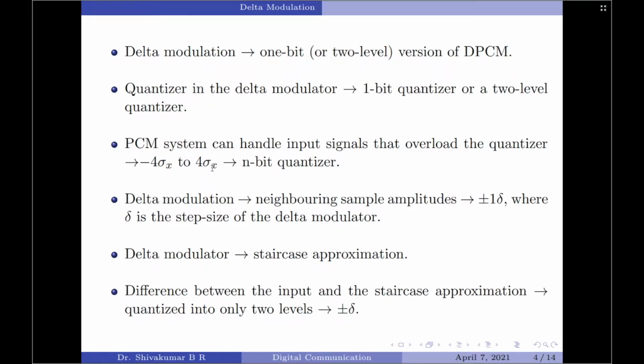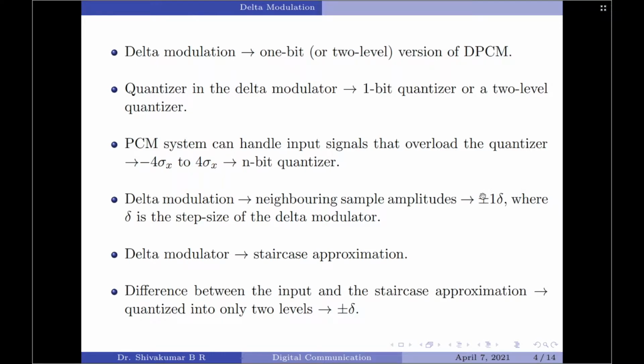This means that any two sample amplitudes will have a difference greater than the step size delta. This is the reason why we use an n-bit quantizer in both PCM as well as DPCM. However, in delta modulation, the neighboring sample amplitudes are allowed to vary only between plus or minus 1 delta, where delta, once again, is the step size of the delta modulator.